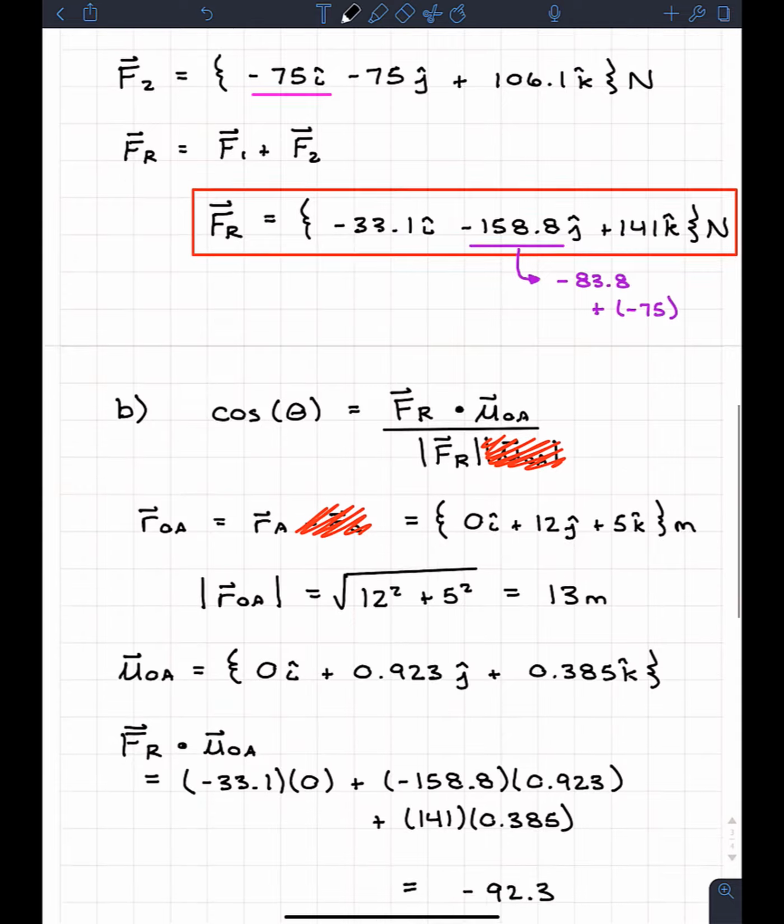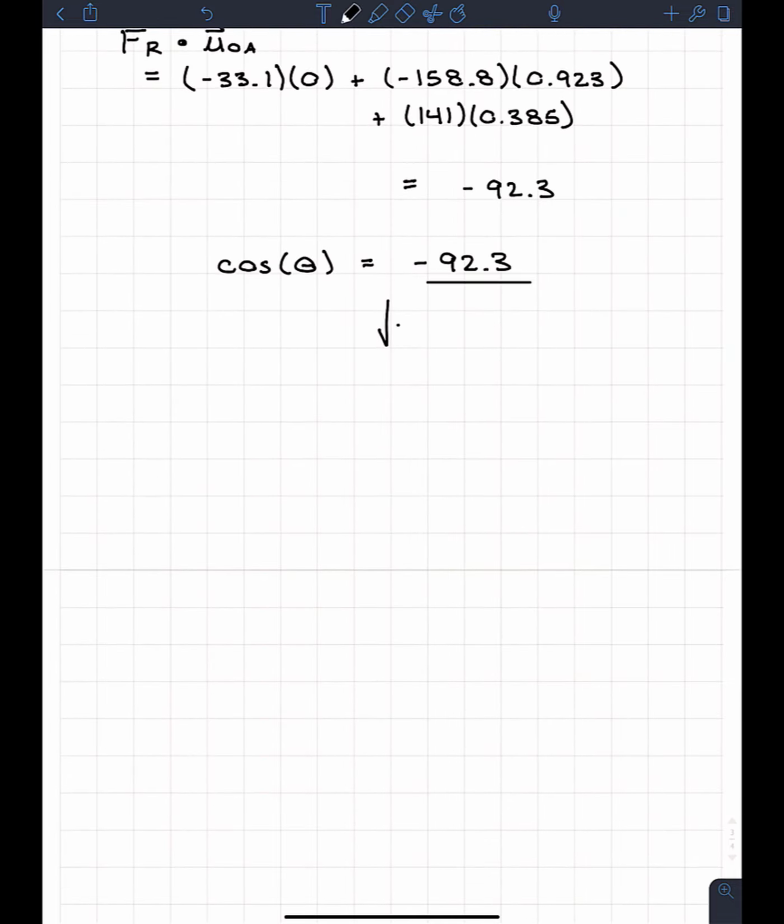So we look at FR, the first one's 33.1, so 33.1 squared plus 158.8 squared plus 141 squared. So it's just something you can do to maybe save yourself a little bit of time. Remember, I'm pretty thorough when I go through these examples, and it's not because we expect this much work from you guys. It's purely just me hoping that you guys understand everything.